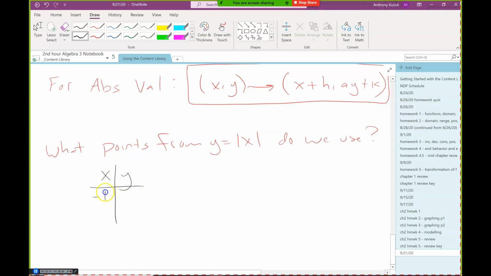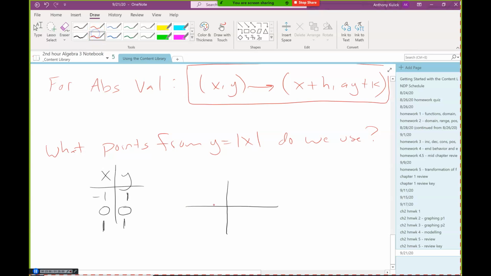Well, we're going to use these 3 points. So if I pick x to be -1, the absolute value of -1 is +1. If I pick x to be 0, the absolute value of 0 is 0. If I pick x to be +1, the absolute value of +1 is +1.